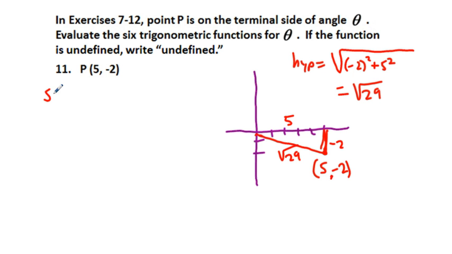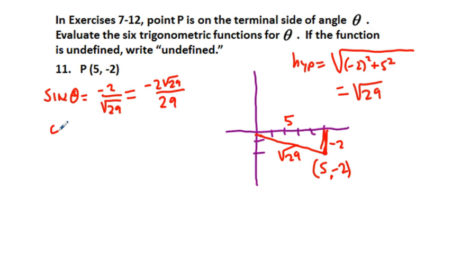We'll do sine. Sine theta equals opposite, which is -2, over our hypotenuse, which is square root of 29, and rationalizing the denominator, if we multiply the numerator and denominator by square root of 29, we're going to get -2 square root of 29 over 29.